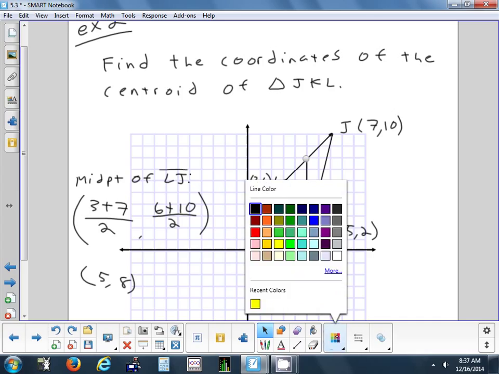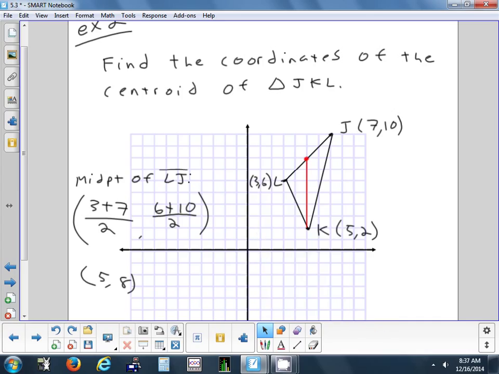What I'll do is I'll put that in a different color so we know it's the median. How long is that segment? How many units? 6. 6, and it's vertical. How do I know it's vertical? Well, I know the x value of K and the x value of my median are the same number.